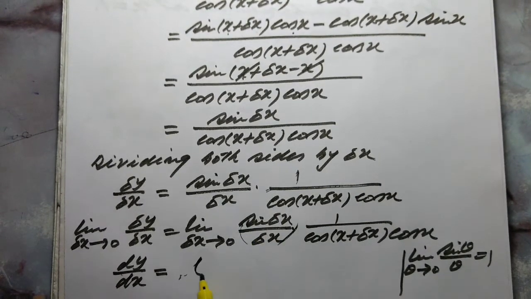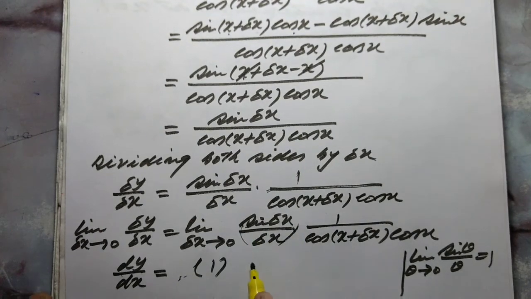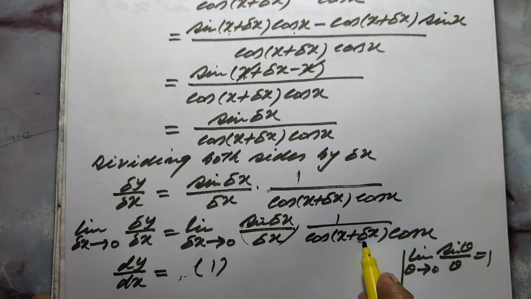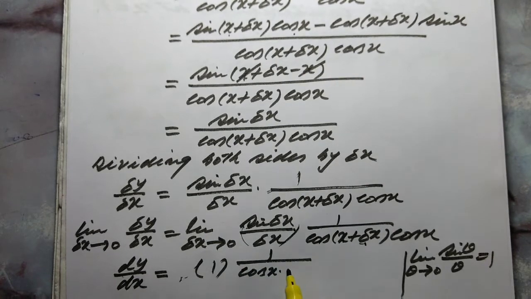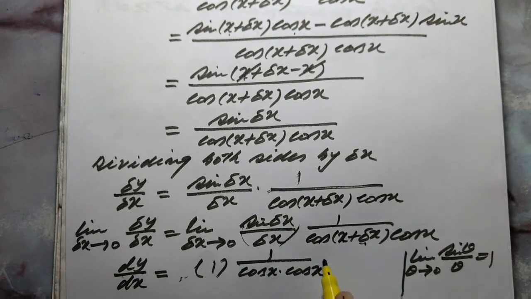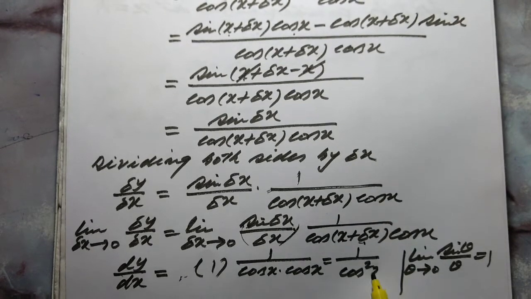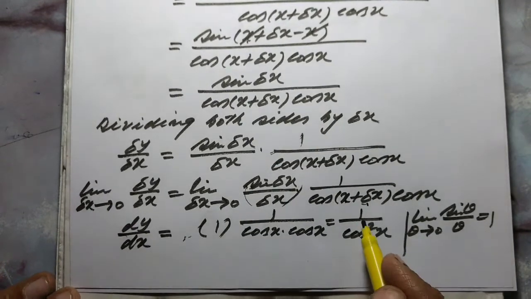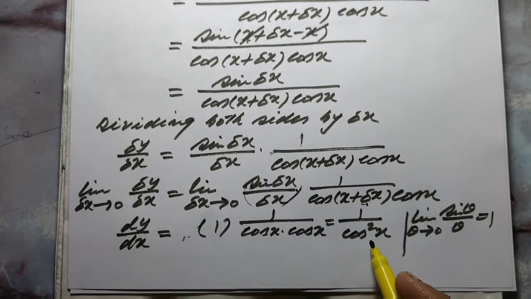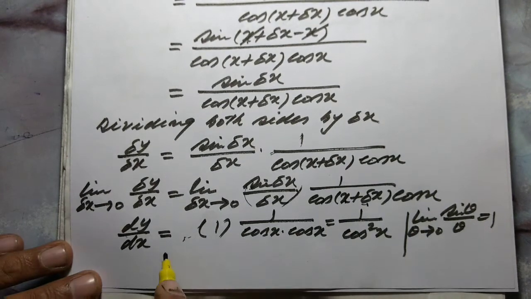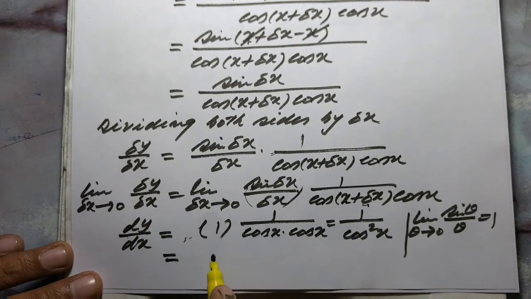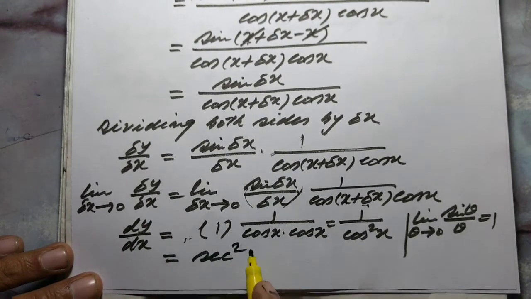Here we get 1 for sin delta x upon delta x, and substituting delta x as 0 in the other expression we have 1 upon cos x into cos x. So we have 1 upon cos square x, and since 1 upon cos square x is equal to sec square x, because sec is the reciprocal of cos, we have sec square x.